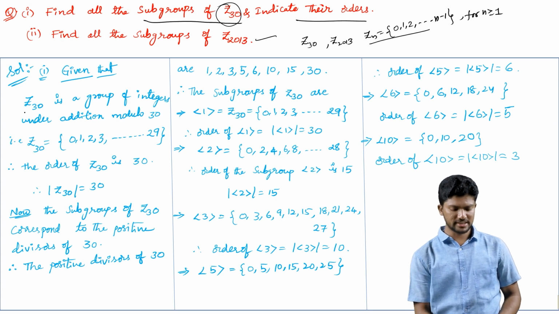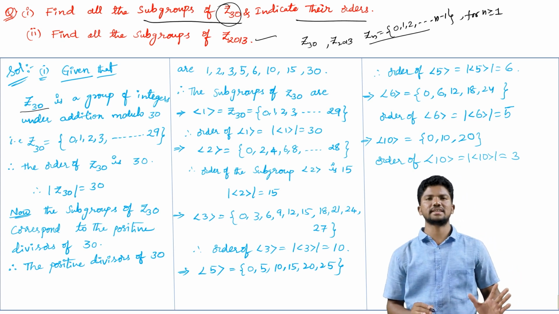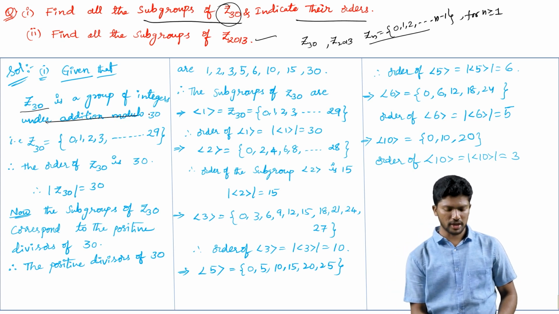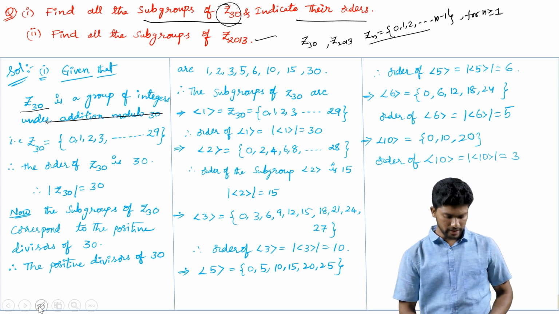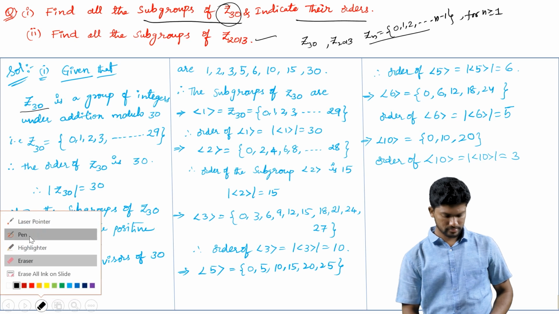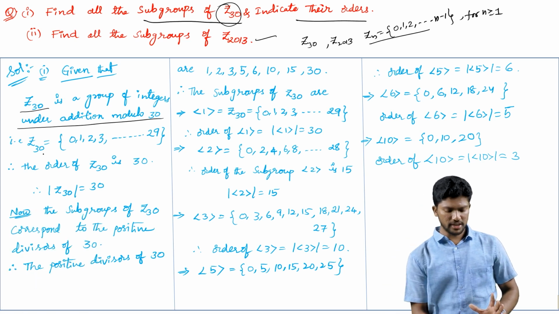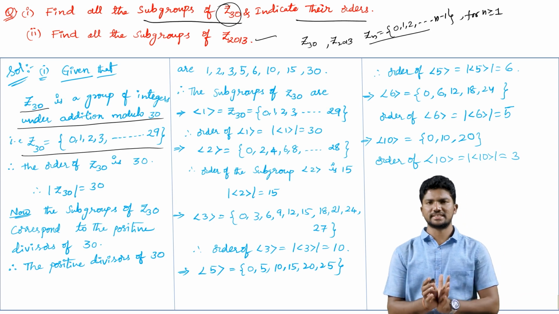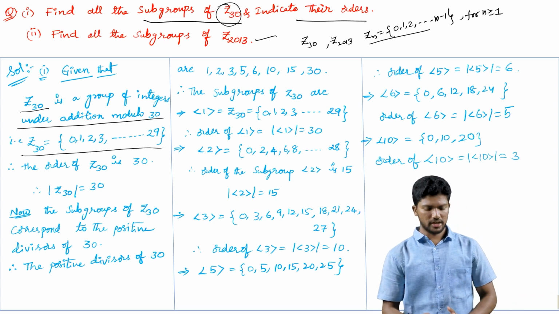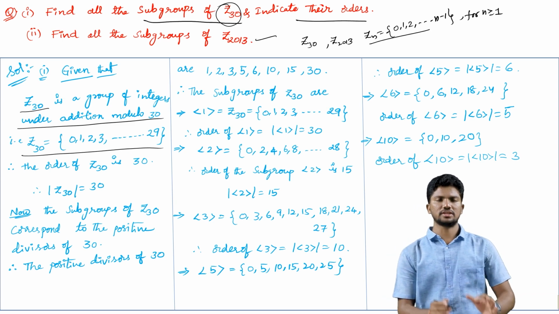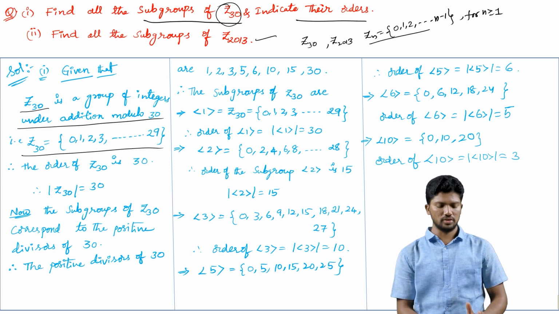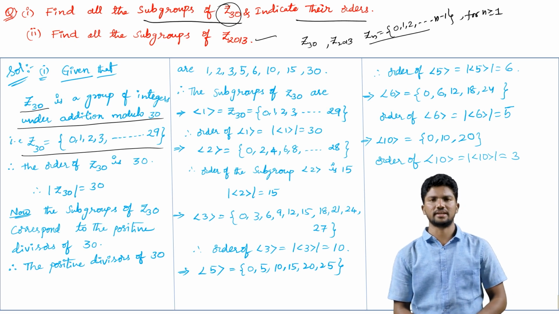Given that Z suffix 30 is a group of integers under addition modulo 30, that is, Z suffix 30 is equal to, I am writing the original set according to the given definition, {0, 1, 2, 3, and so on up to 29}.